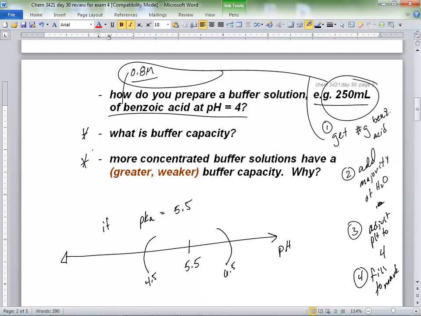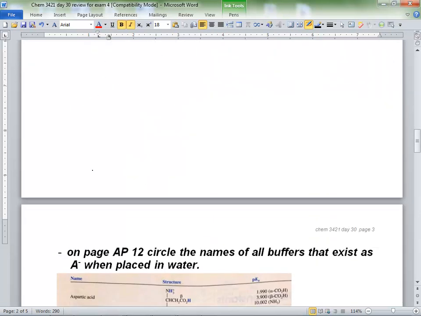Well, then I can react with more added acid or base. So that's another aspect of buffer capacity. Just make the thing more concentrated. It's not going to help with the plus or minus 1 pH range, because once you're out of that range, you're done. But if you are inside that range, it'll have a higher capacity. And again, why? Because then you'll simply have larger populations of conjugate acid and conjugate base.